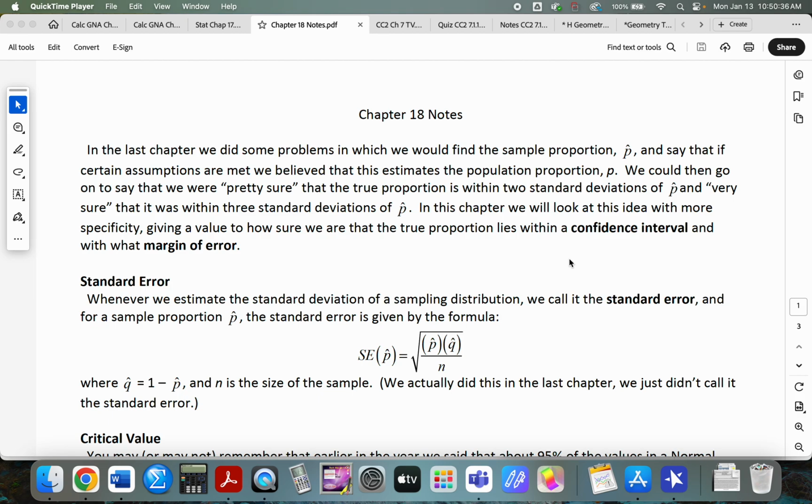And you look at this formula and you're like, wait a minute, isn't this the same formula that we did before? Oh, look at that. It's the same formula, we just didn't call it the standard error. So they kind of set you up there. They're like, okay, you already know this. This is the standard deviation that we found. This is actually the standard error. So nothing new there.